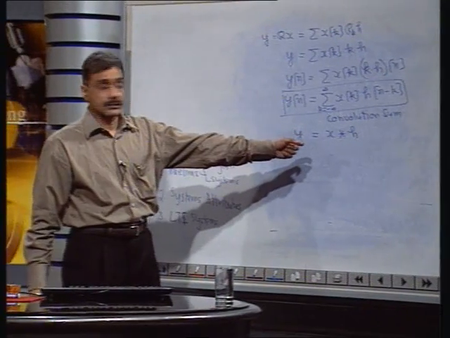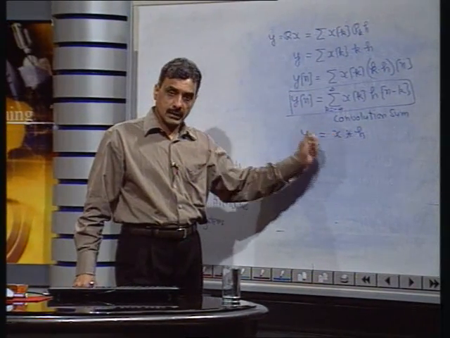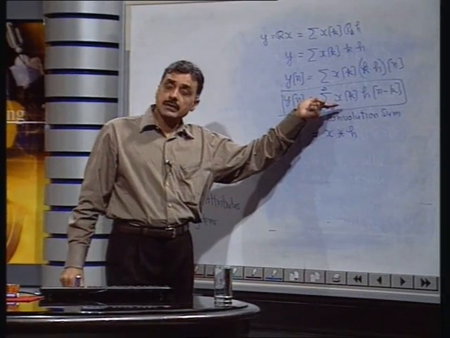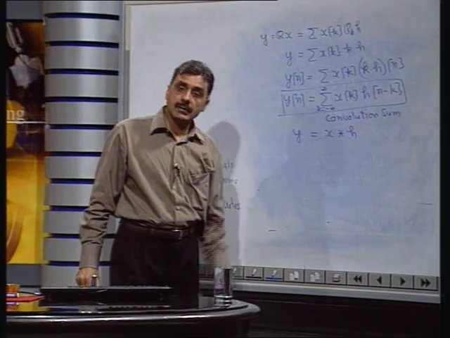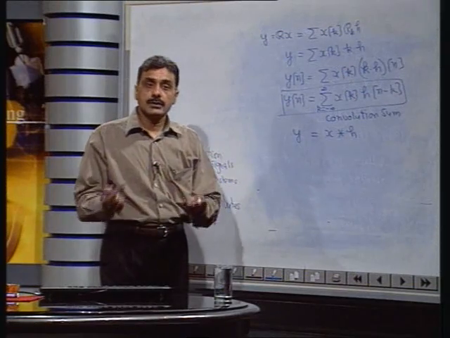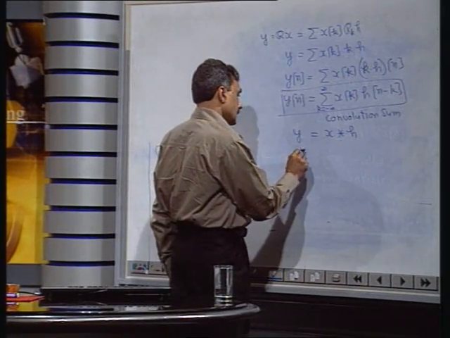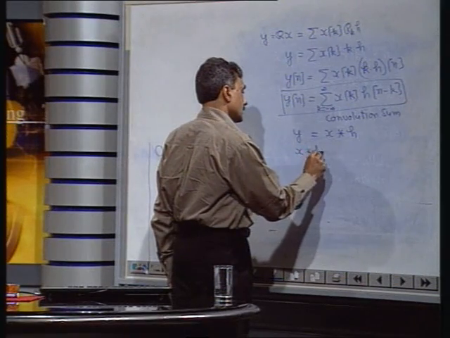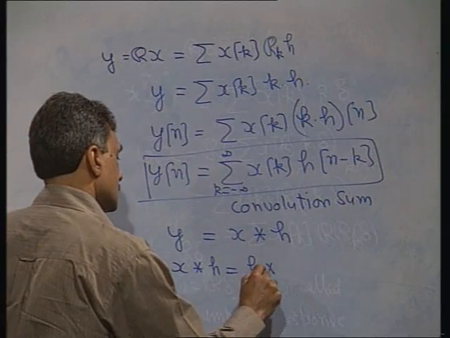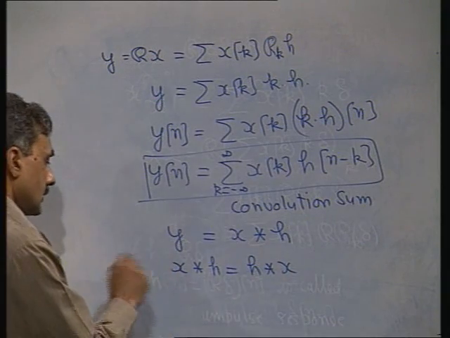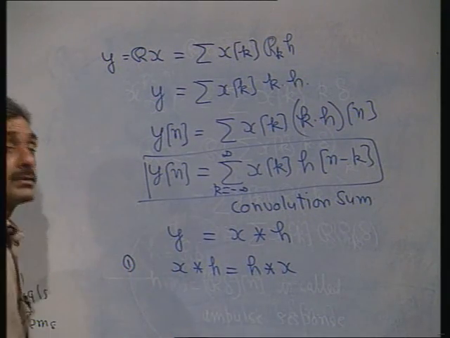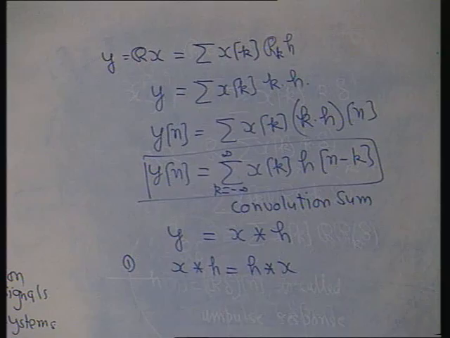This is just the notation that we use for convolution, x star h. One can immediately show by change of variable that convolution is a commutative operation. So, some properties of convolution: x star h is the same thing as h star x. Convolution is a commutative operation. Convolution also is an associative operation.